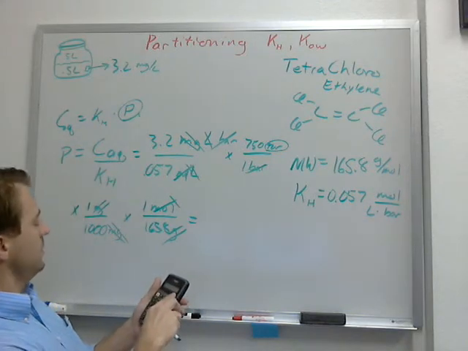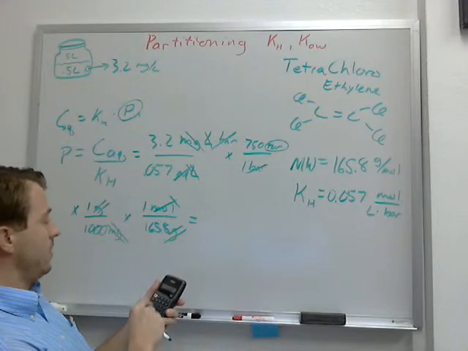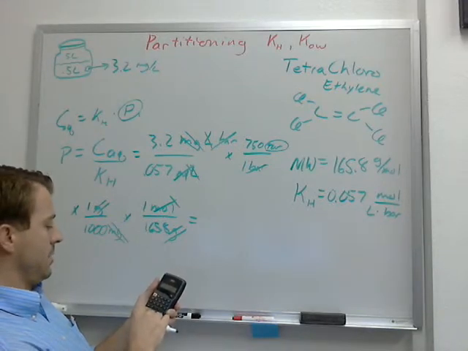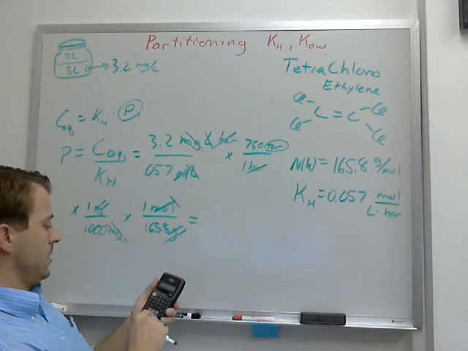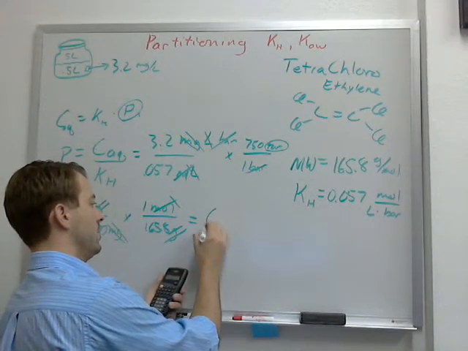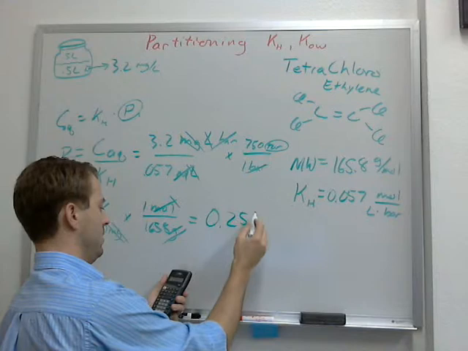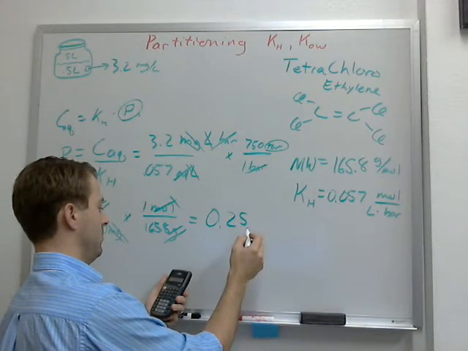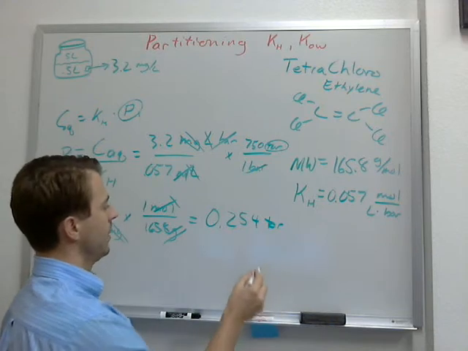So if we punch this in, we get 3.2 divided by 0.057 times 750 divided by 1,000 divided by 165.8. So we get 0.254 torr.